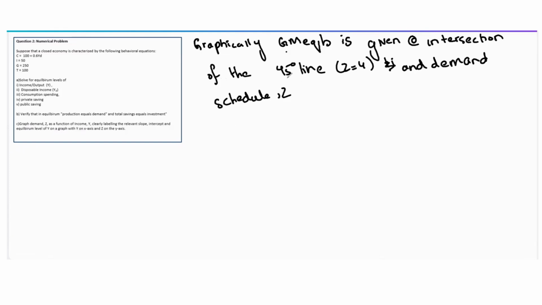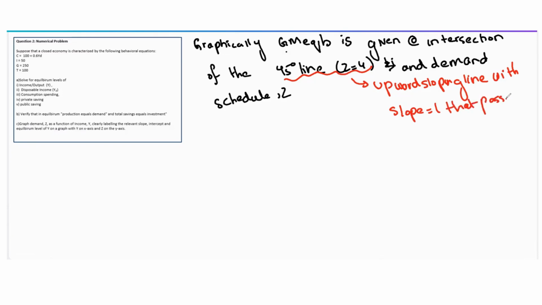Right, so we know the 45-degree line is just essentially an upward sloping line with slope equal to 1 that passes through the origin.